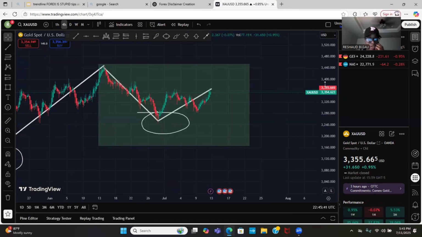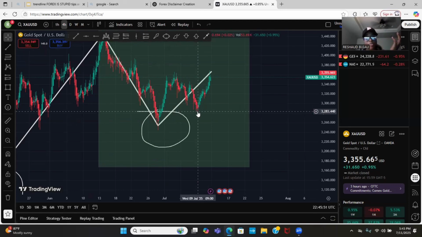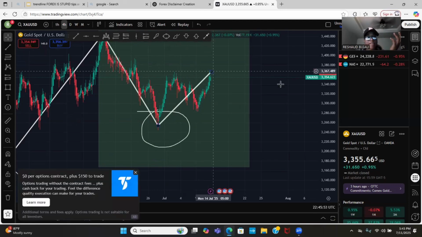Boom. Right, see, like price made the W. Boom. It's a low point, neckline, a higher low point, back up to this neckline. All right, so we could be looking at those buying opportunities.